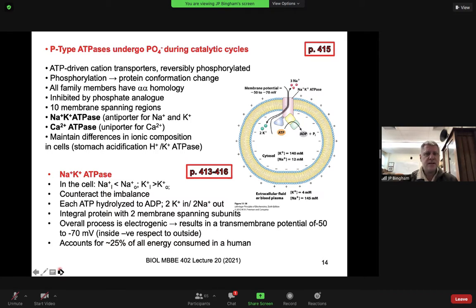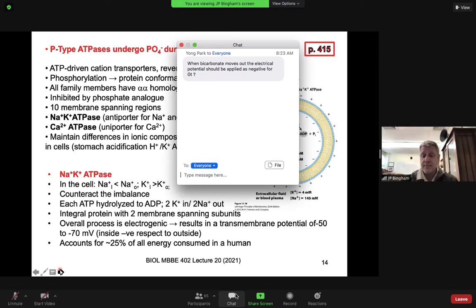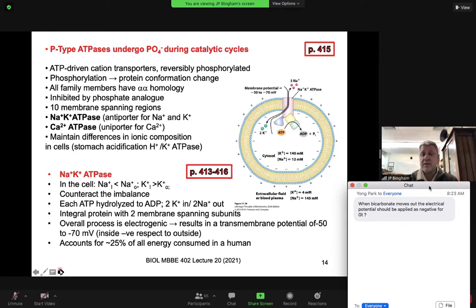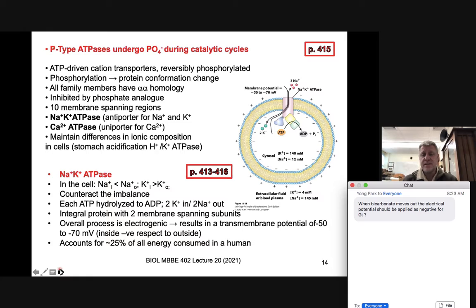Now, this particular pump is utilizing, again, ATP and utilizing that phosphate group to cause a three-dimensional structural change in the pump system to allow the transportation of various molecules through a membrane. So it's an ATP-driven cation transporter.